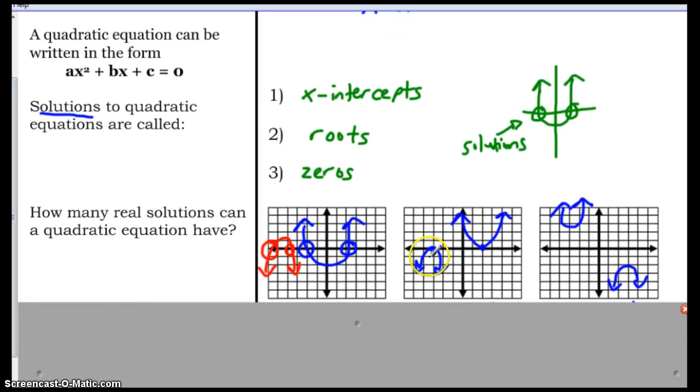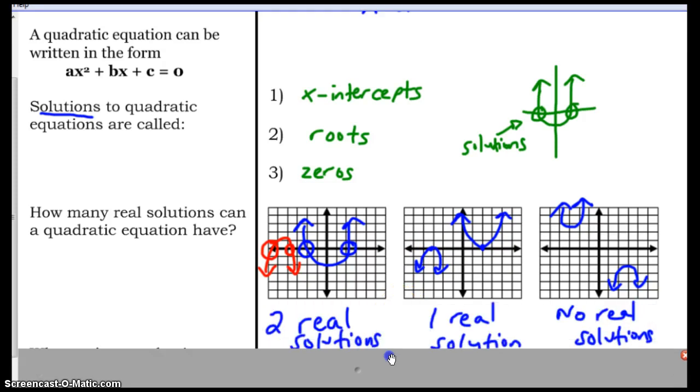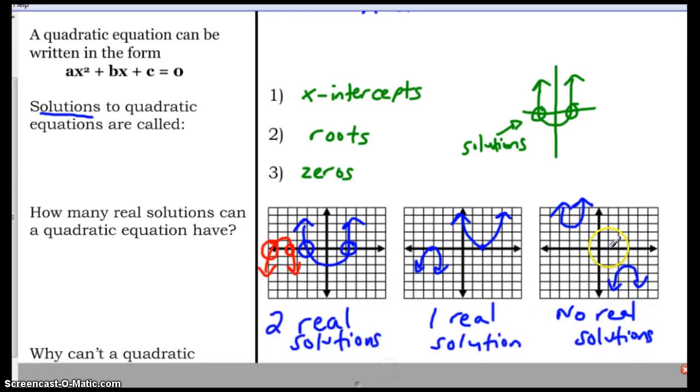Then you could have 1 real solution, like our example graph, where the vertex was right here on the x-axis. You could also have the vertex on the x-axis and the parabola go down, which still would be 1 real solution. And lastly, we would have no real solutions when it did not cross the x-axis.